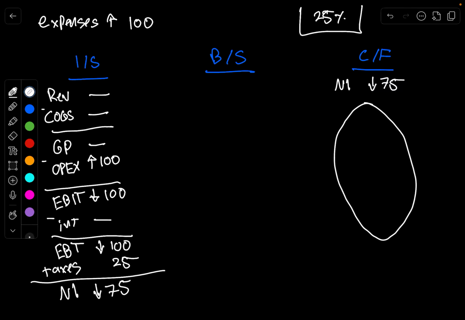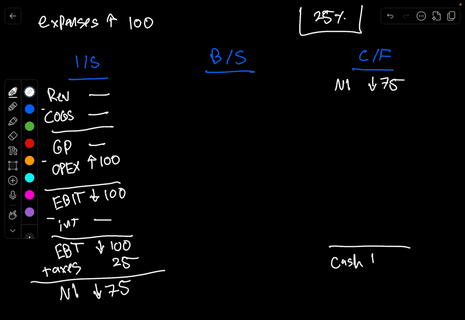Did we buy anything? Did we sell anything? Is there anything that we need to essentially adjust for? Did we invest elsewhere? Did we make some weird financing decision? No, we didn't, right? This is a really simple example. So that means that our cash is simply down by 75.